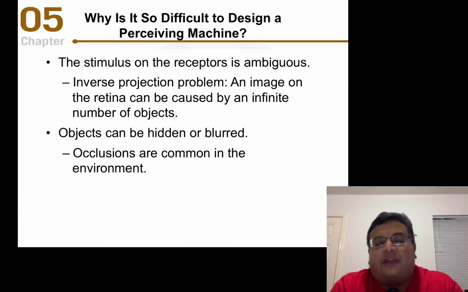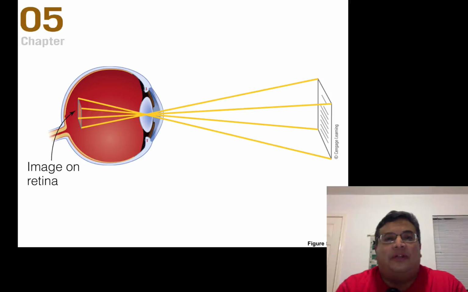The stimulus on that flat surface is just an ambiguous blotch of lights. That image can be caused by anything. Plus the objects can be hidden or blurred, right? So for example, and this goes back to the example I showed you earlier, if you look at a flat page, it's projecting a certain image on the retina.